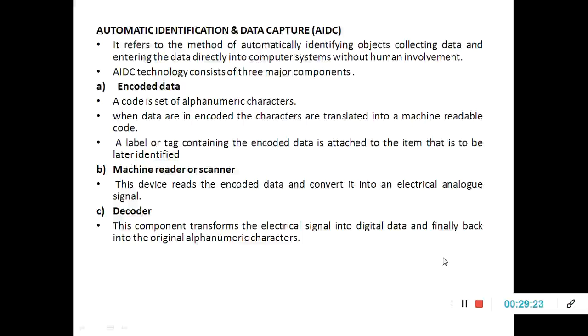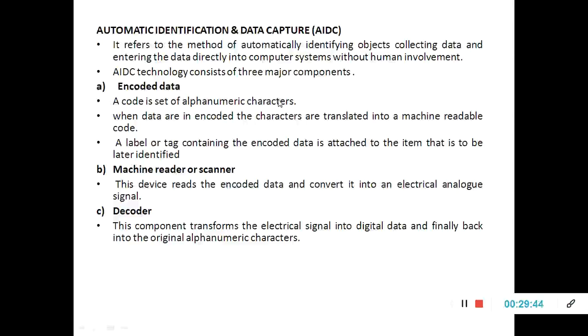Then the last bit of this is automatic identification and data capture, AIDC. Automatic identification and data capture is a method of automatically identifying objects, collecting the data, and entering the data directly into the computer.